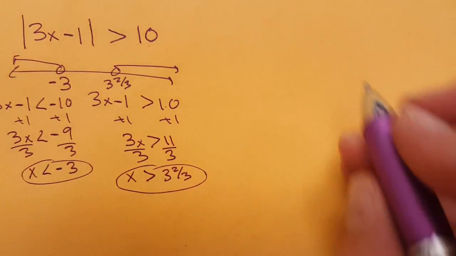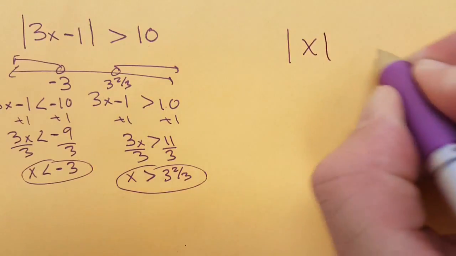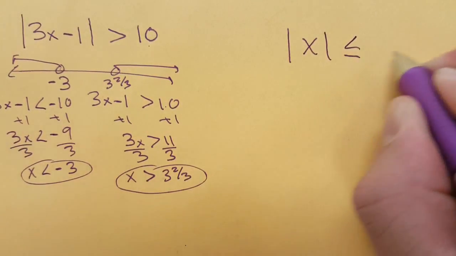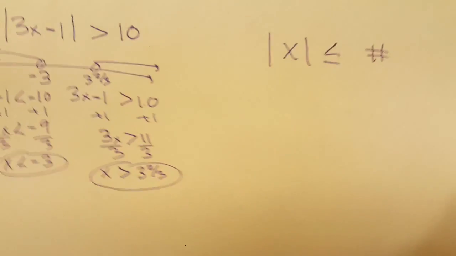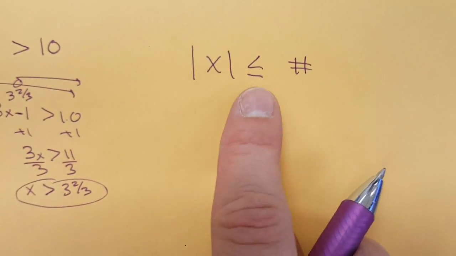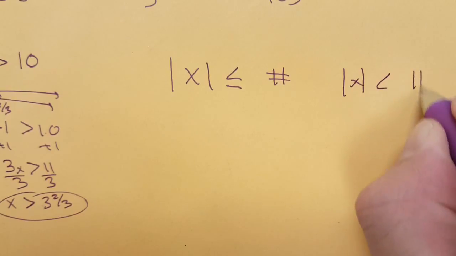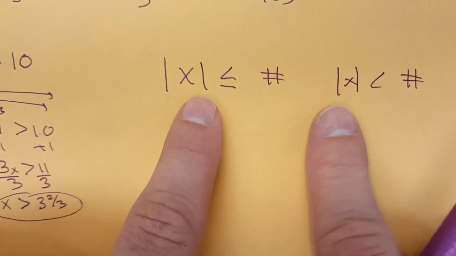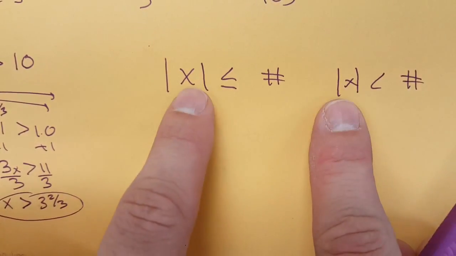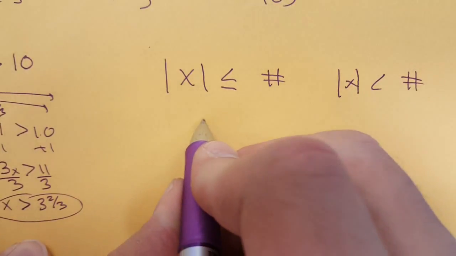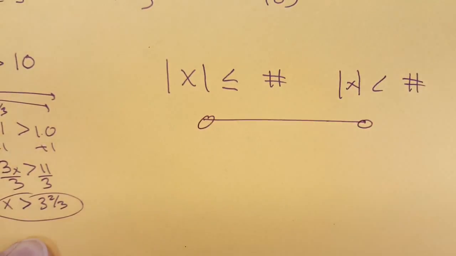So anytime you see the absolute value of something being less than or equal to a number, okay? Anytime you see a less than, it could be this one or it could be this one. Anytime you see a less than with an absolute value symbol, you need to think interval. This is going to make an interval.